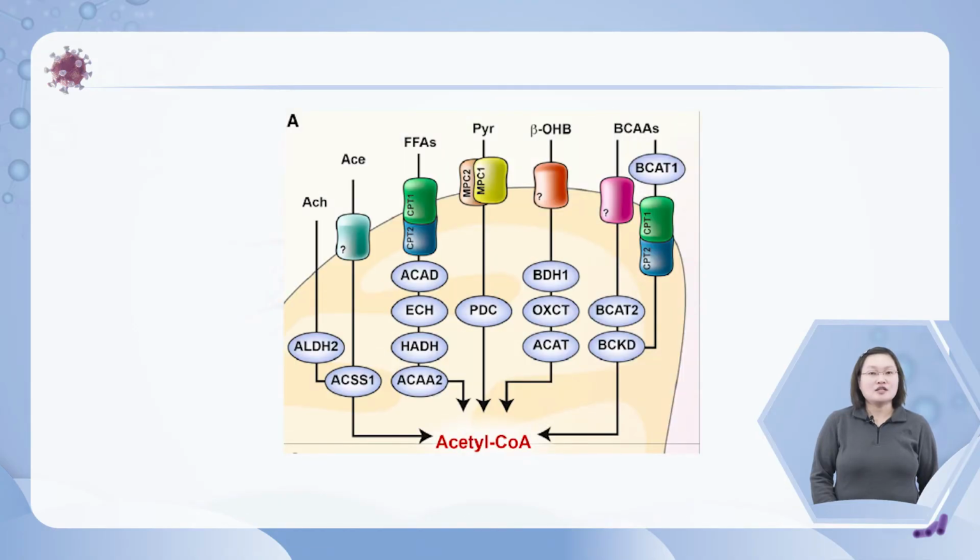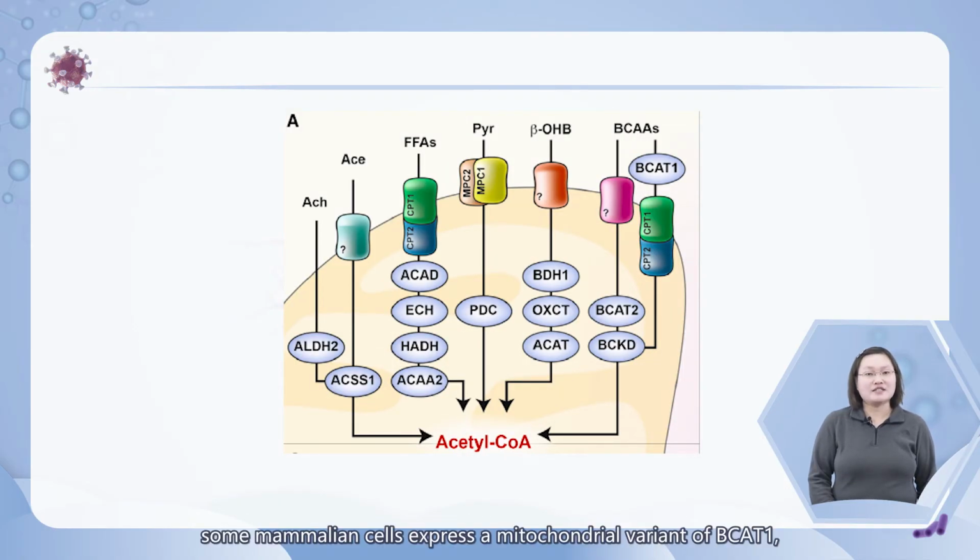Of note, some mammalian cells express a mitochondrial variant of BCAT, which is catalytically active. However, how branched chain amino acids enter the mitochondrial matrix has not been determined yet.